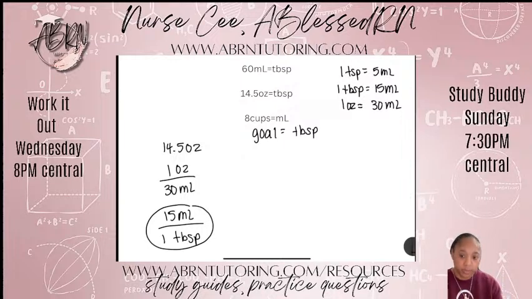When you're doing a puzzle, the pieces fall out of the box and you have to maneuver them and reposition them, but that puzzle piece is still that puzzle piece no matter what position it's in. This is the same concept with these equalities or relationships. 15 milliliters is 1 tablespoon, either way it goes.